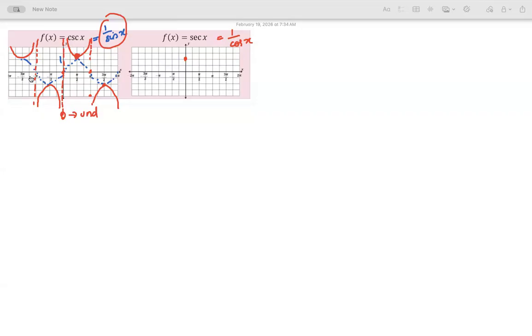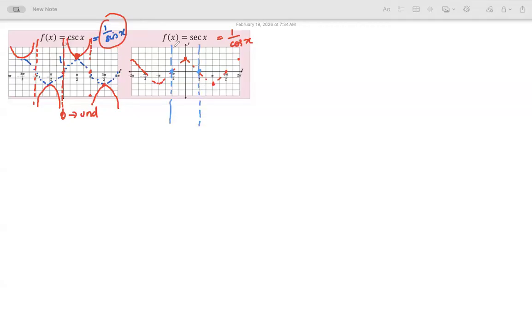I feel like I can just cut and paste it. First I'll draw the cos function, and then I'll draw the inverse function pretty easily, because wherever there is 1 by cos and a 0 point, those are going to be the asymptotes.